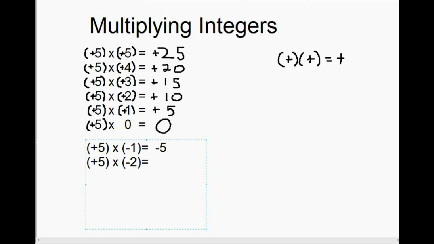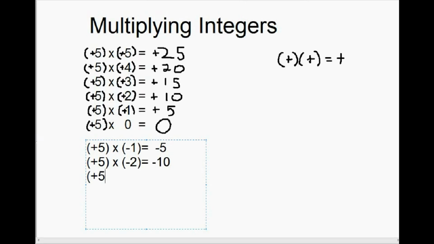Then if we continue on with the pattern in terms of what we're multiplying positive 5 by, we continue to go down by 1, moving left on the number line. The next value we multiply the positive 5 by is negative 2. And if we also continue to go down by values of 5, the answer to that has to be negative 10. And we can continue.